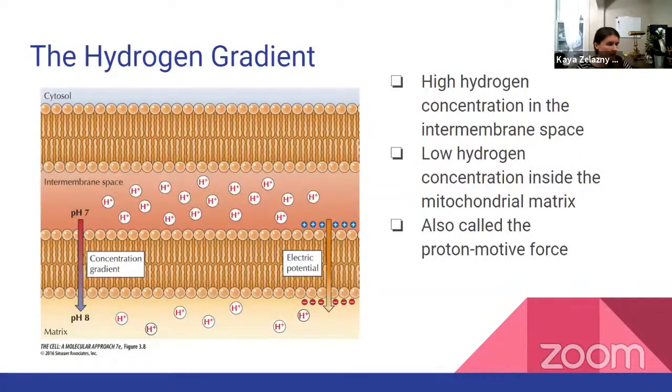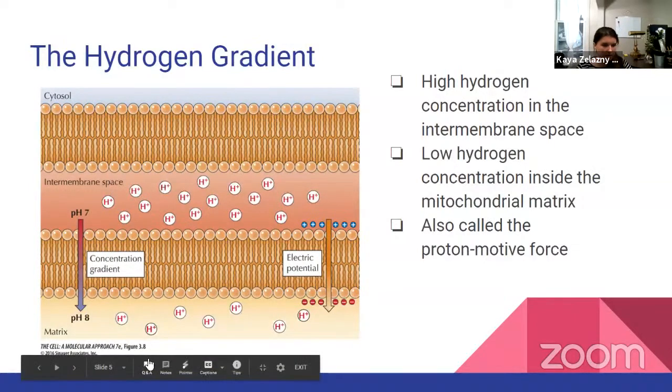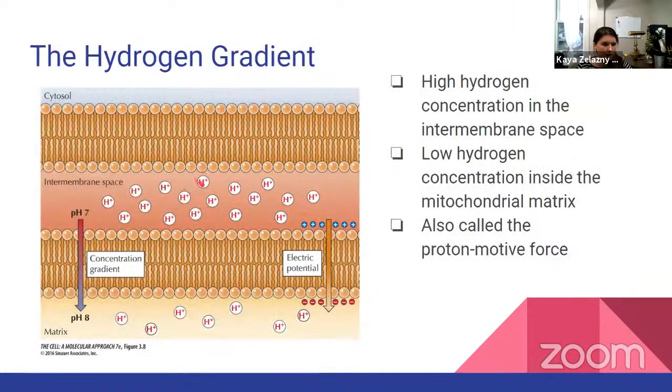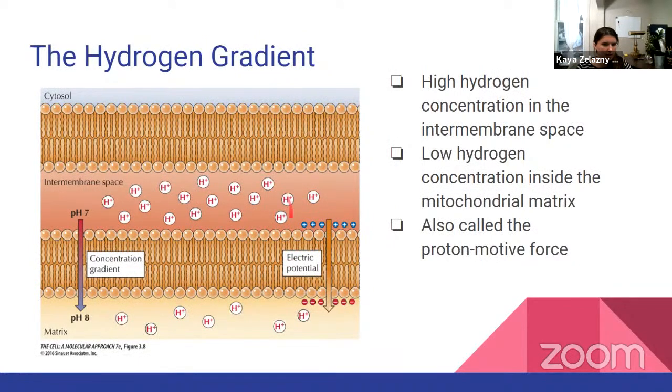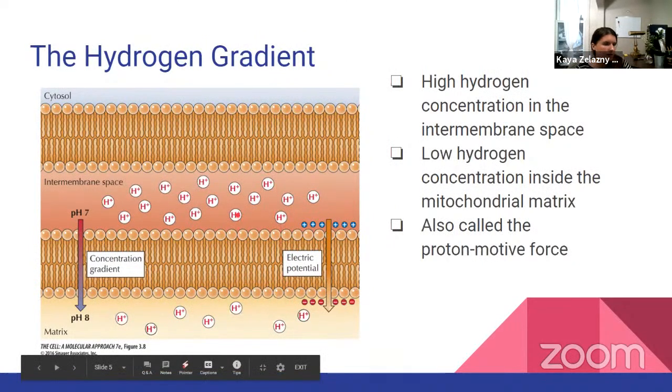So here we just see our hydrogen gradient illustrated again. All right, so we have our high hydrogen gradient up here, our low hydrogen gradient here, which creates this desire for them to move, basically.